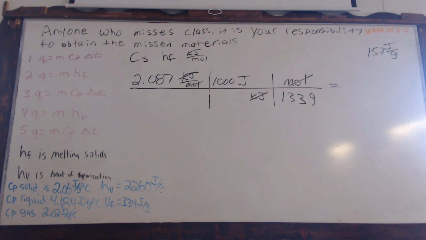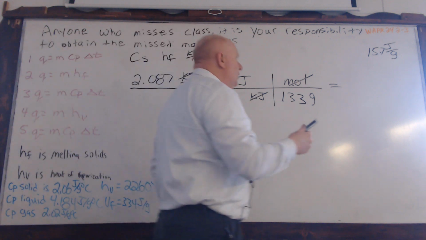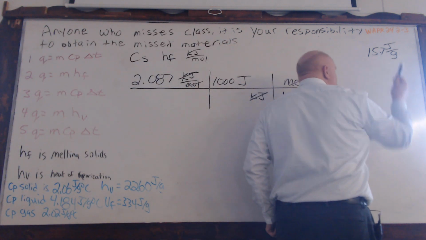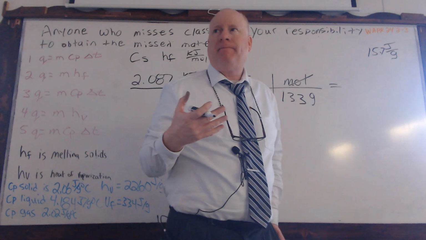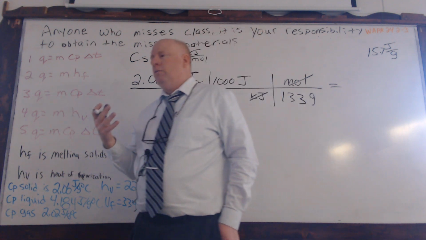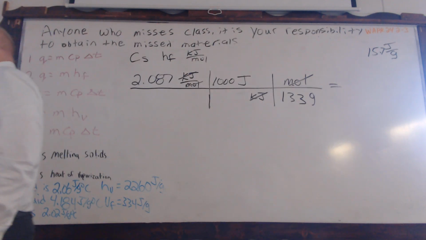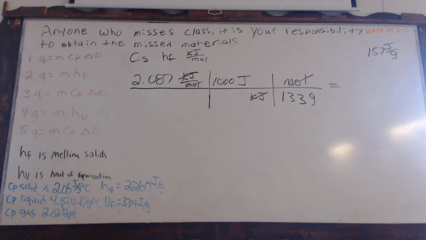And also the specific heat is joules per gram degree Celsius. That's why this heat of fusion has to be in joules per gram. You have to have the same units. So we're just providing another step that you have to do, because this helps you in your problem solving skills. Like it, don't like it, that's the approach that we're taking.